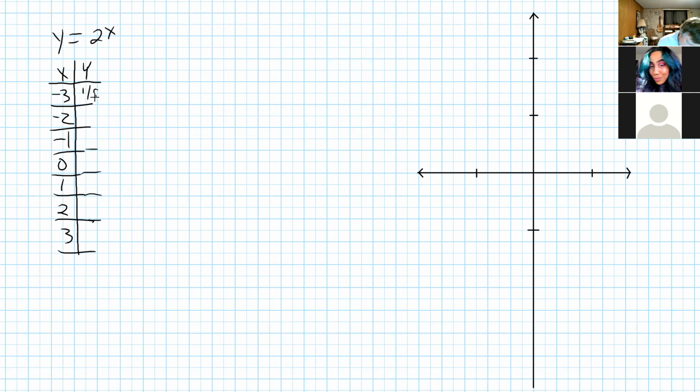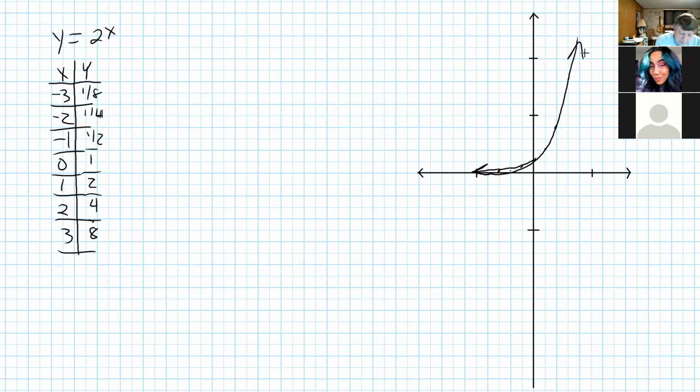And this is 1/8, 1/4, 1/2, 1, 2, 4, 8. Okay. And the graph of that thing looks something like that. Oops, I went too low. Okay.